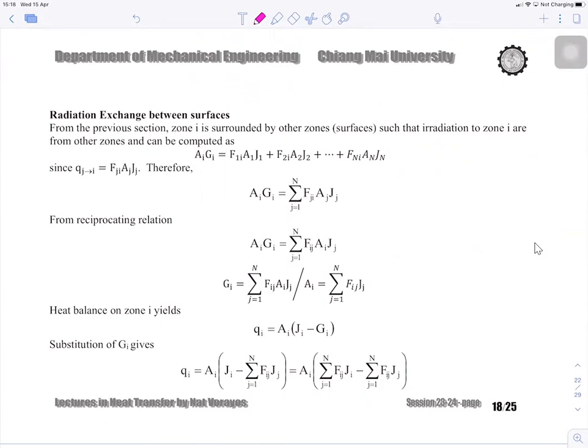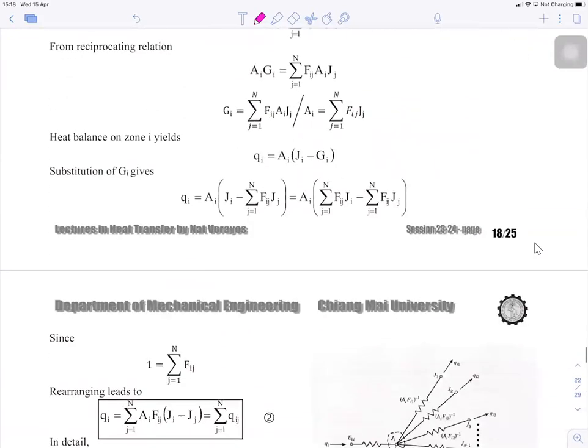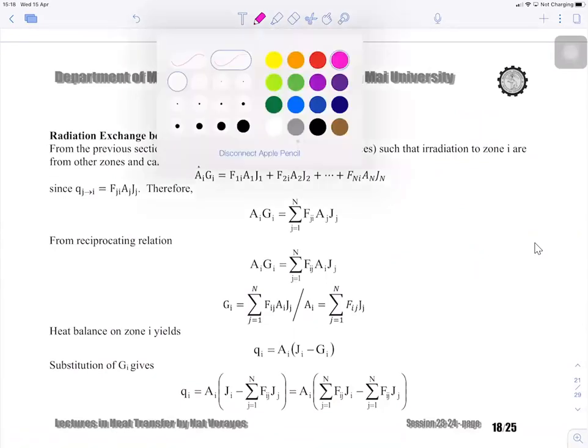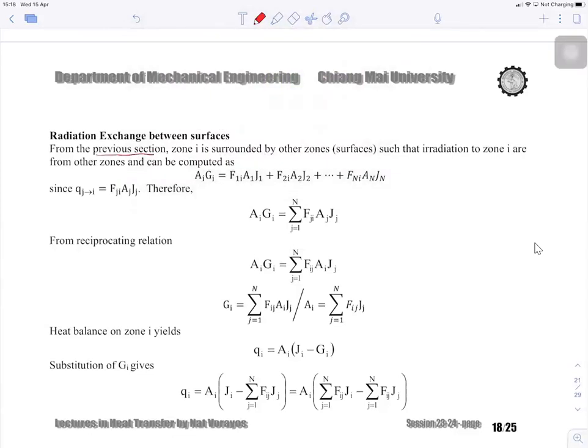So we're going to start from the previous session. Zone I is surrounded by other zones or surfaces with the same temperature, right? A zone is surfaces with the same temperature, such that the radiation to zone I from other zones can be computed as follows.